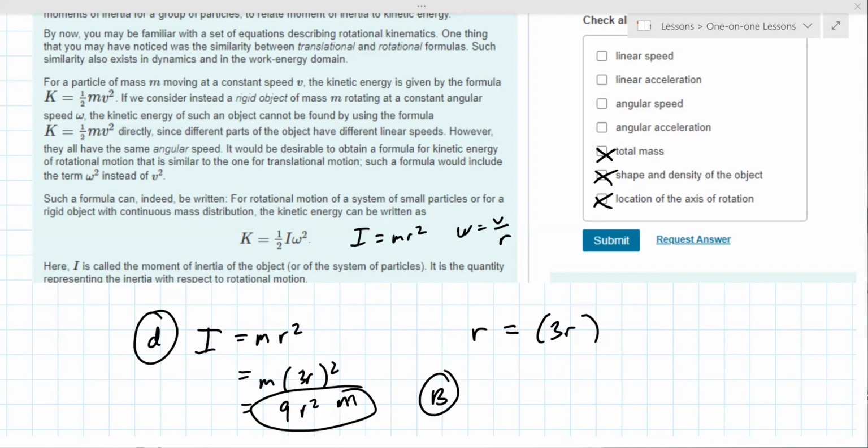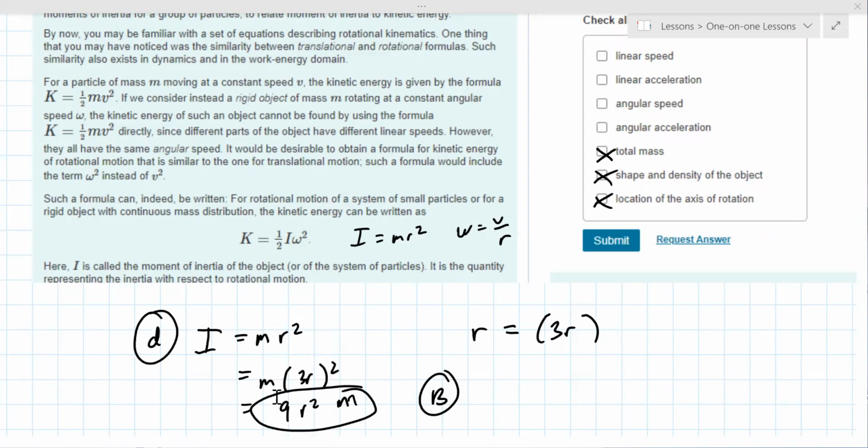I can send screenshots for you. I'm on part C right now. What did I put for part C again? Part C might just be mr squared because it's just asking for the moment of inertia around the x-axis. That's correct.